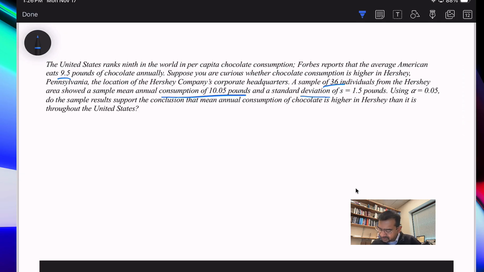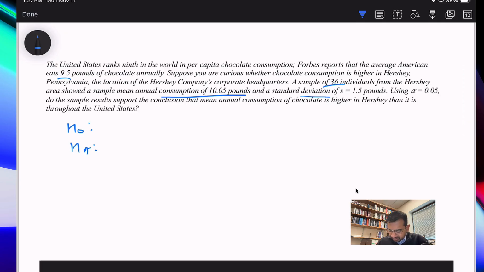We are given the sample standard deviation. So again, we are verifying a claim. We are conducting a study of a subset of the population, and we're interested in finding out whether citizens in Hershey consume on average more chocolate.